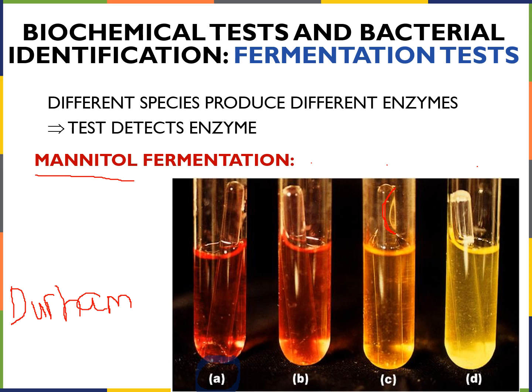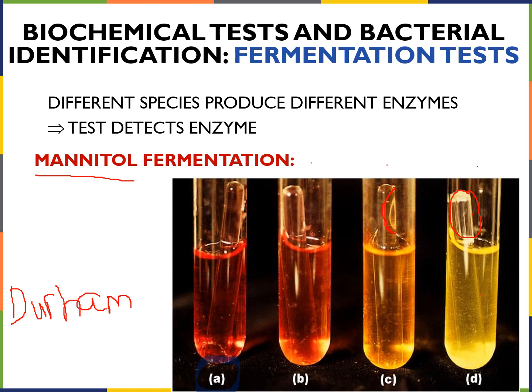Now, if I went back and got my test tube out and it looked like D, so it went from A to D, that is what's considered bright lemon yellow. And if you look at the Durham tube, there's a huge gas bubble in the top. So it changed colors and it produced gas. If that were my result, then I could say it's positive for mannitol fermentation, meaning my bacteria, and remember I just used E. coli as an example, was successfully able to ferment mannitol.